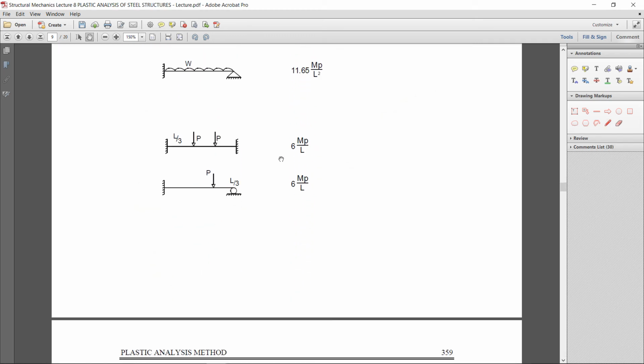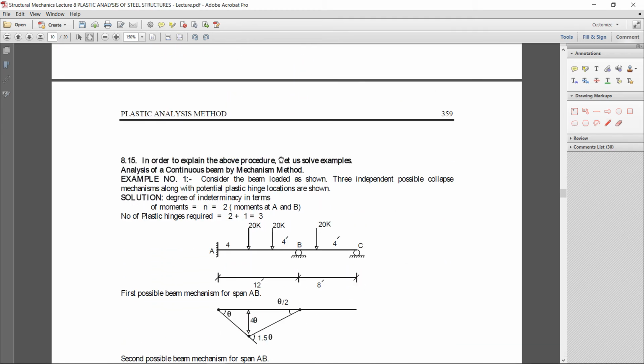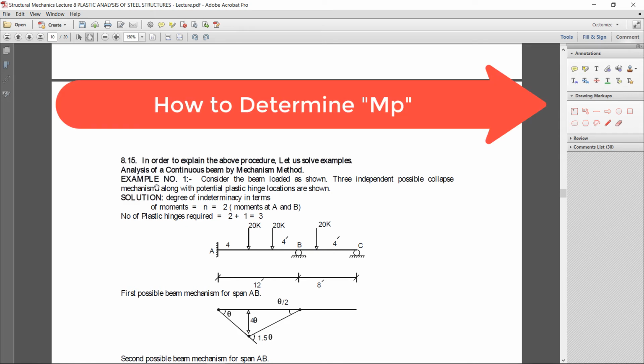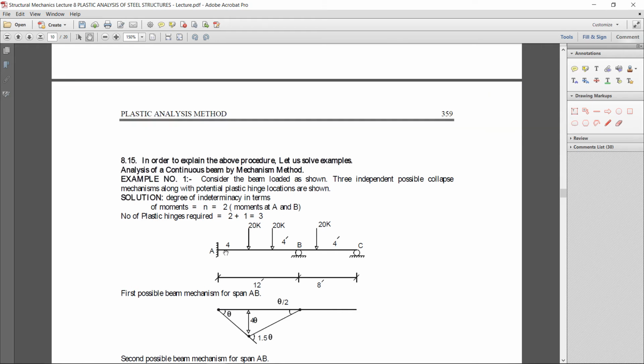Now for a good understanding with values, I will perform the plastic analysis in the beam with different load values. Okay, for example, example number 1: consider the beam loaded as shown, that is a continuous beam, fixed end at this support, roller and roller, with the loads 20k, 20k, 20k, at 4 feet, 4 feet, 4 feet, and the spans of the beam are 12 feet and 8 feet.